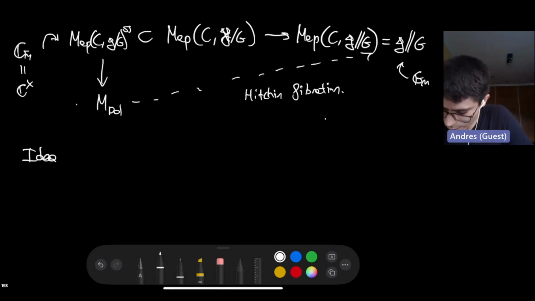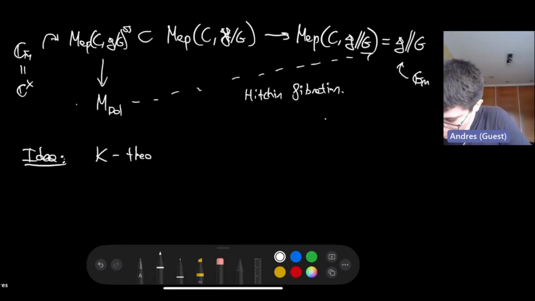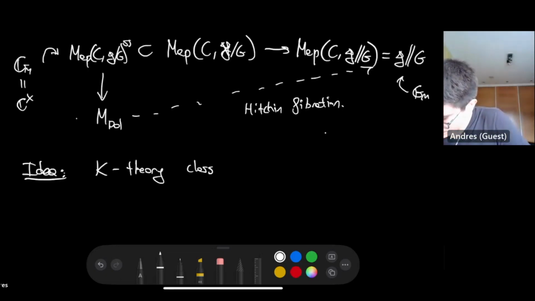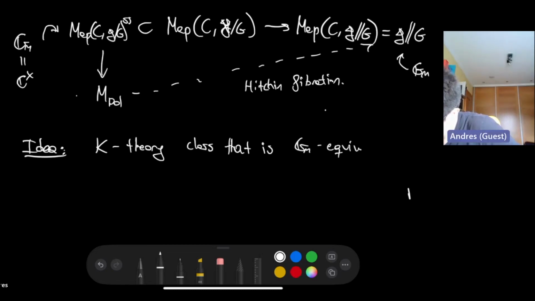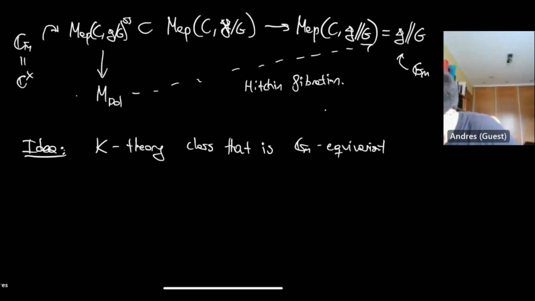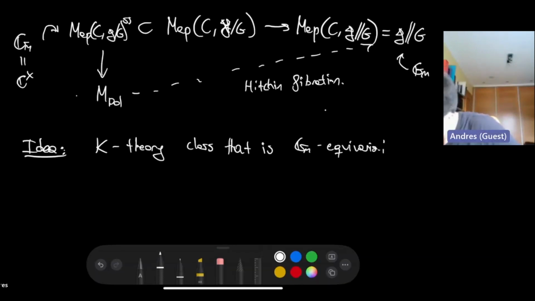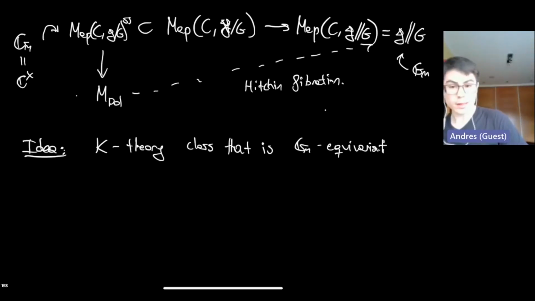So the idea is, if you take a K-theory class on the moduli space, or on the moduli stack, it actually doesn't make much of a difference, that is G_m equivariant, then you can push forward, and you can get a G_m equivariant K-theory class on the affine base.